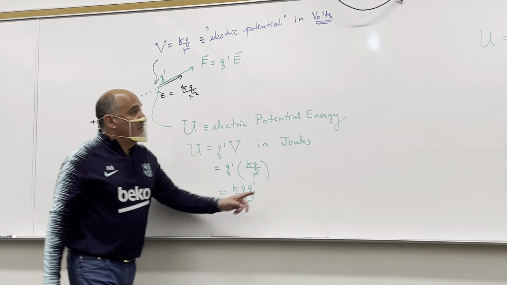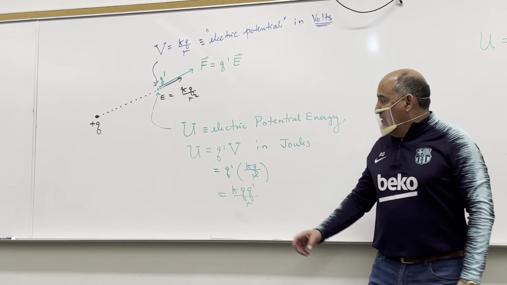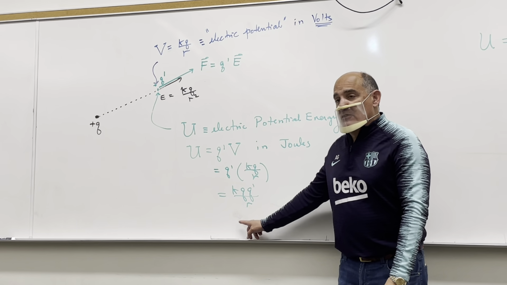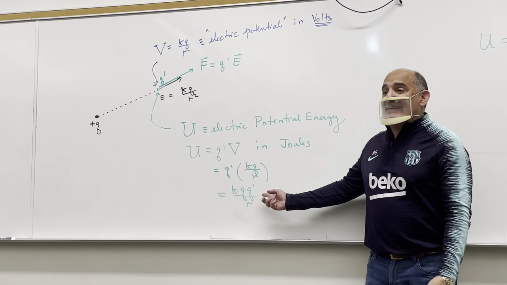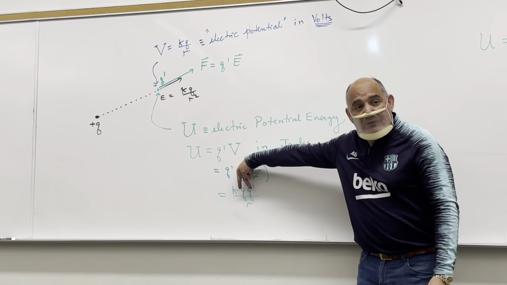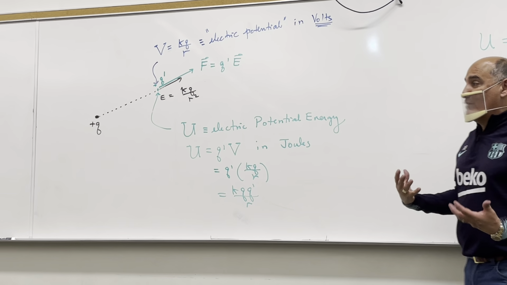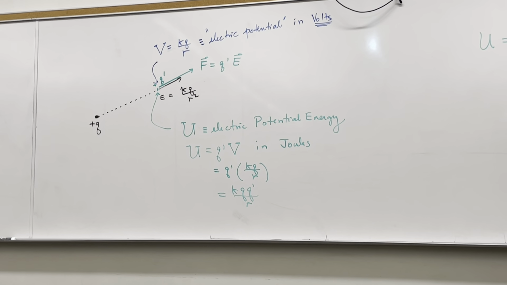So this expression is analogous to this. This is gravitational potential energy. This is electrical potential energy. But notice that the expression for the electrical potential energy makes reference to the two charges that are interacting with one another, just as gravitational potential energy makes reference to the two masses that are interacting with one another.